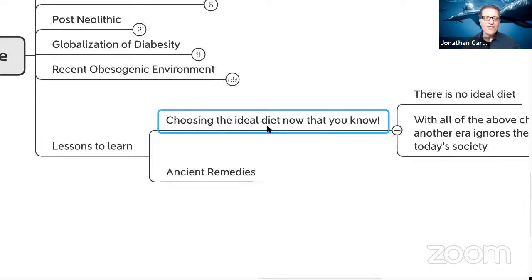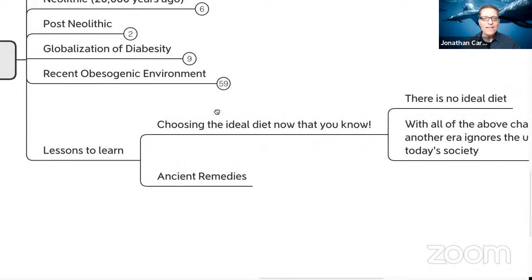So it's hard really for you to prescribe an ideal diet for somebody based on history, because if we know anything now about the thrifty genes, certain communities are going to respond to different types of diets in various ways. So therefore, there is no ideal diet.